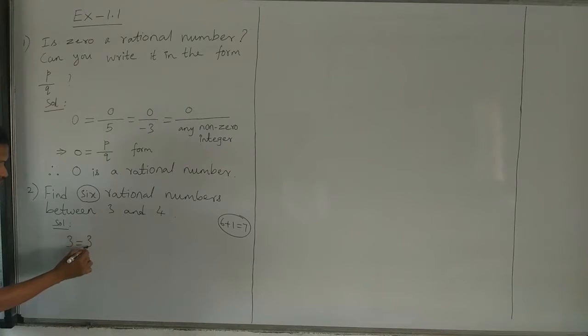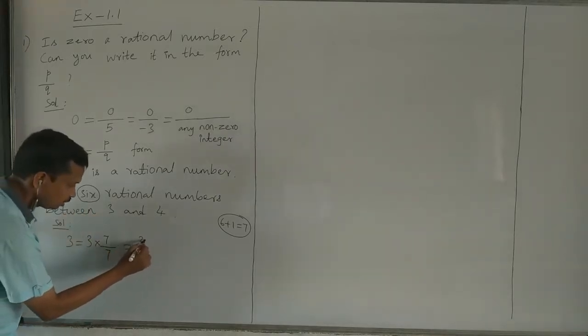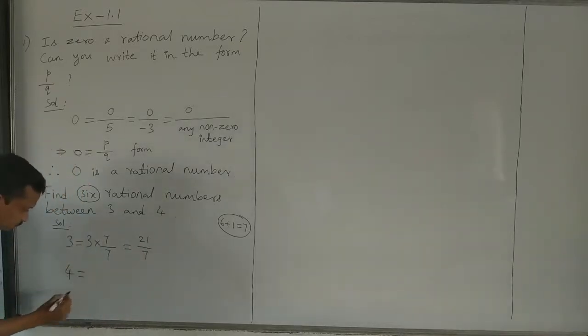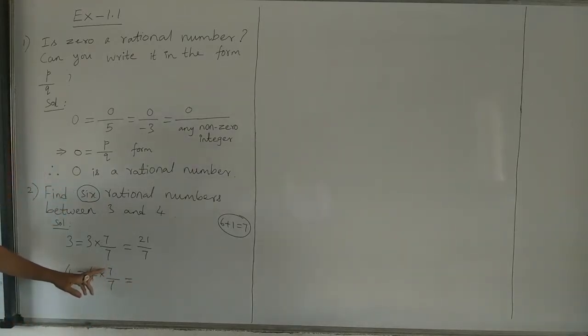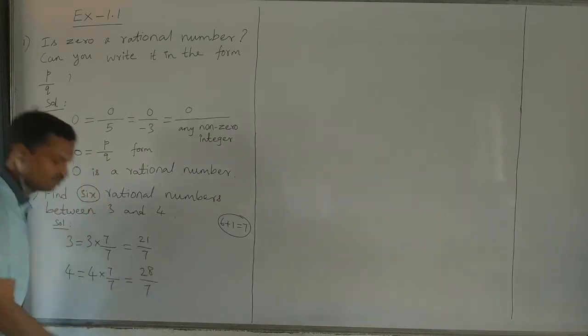You multiply 3 into 7 by 7, that means numerator and denominator, you multiply and divide by the same number. Then you get 21 by 7. And the next number 4, 4 into 7 by 7. We are multiplying by 7 and dividing by 7. Now you get 28 by 7.